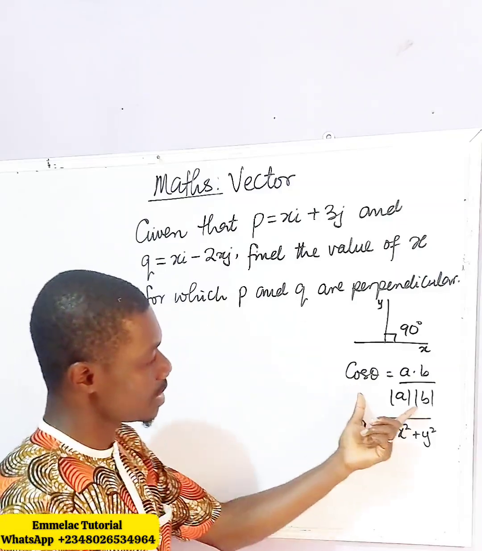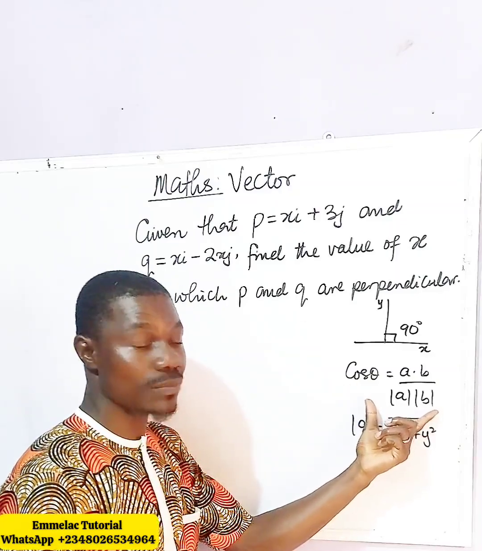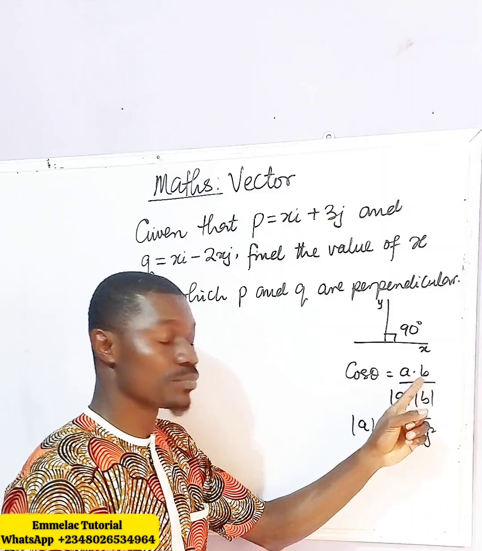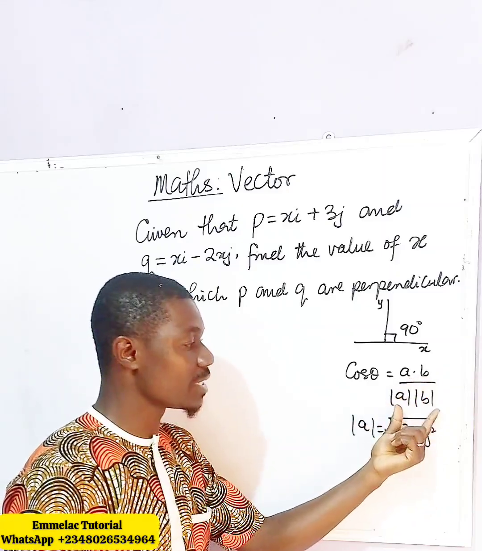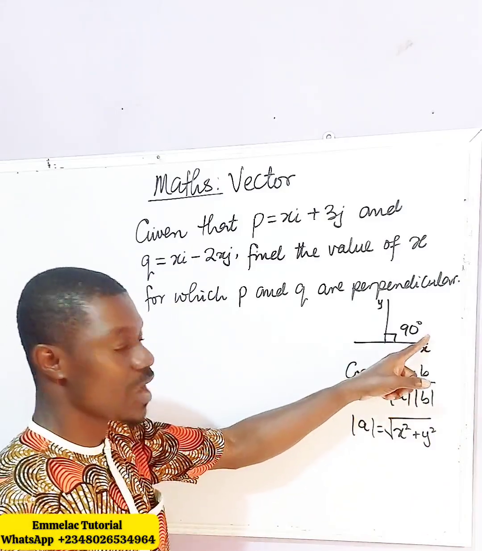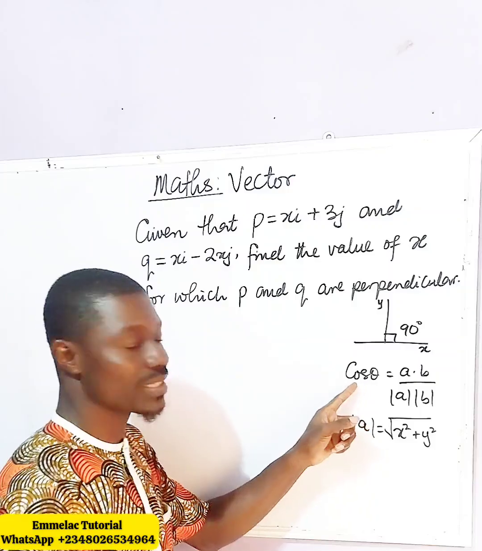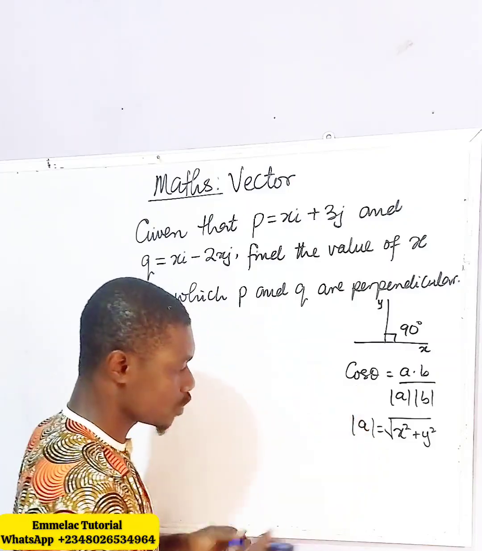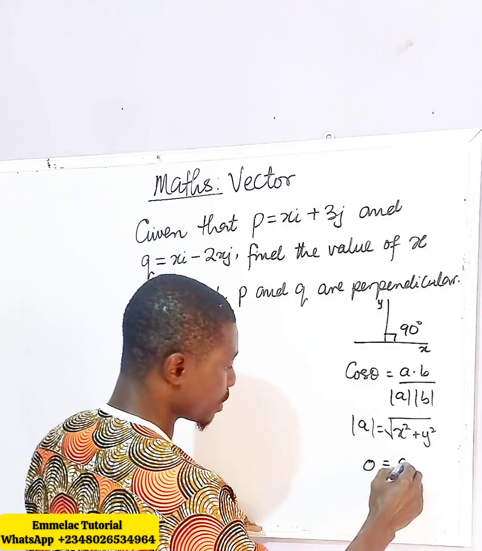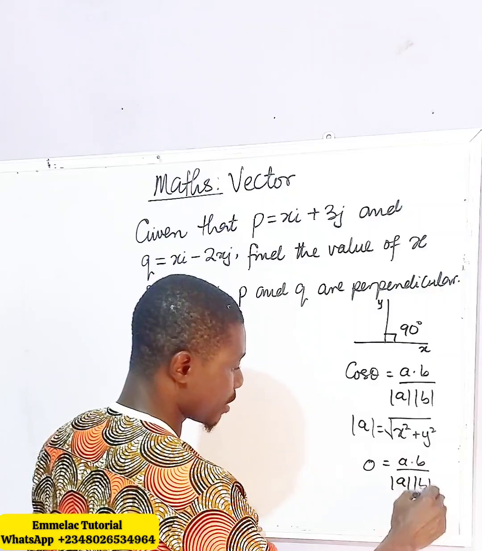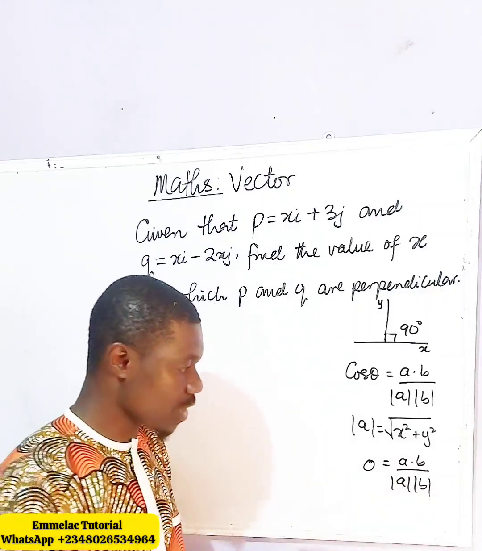So now that this is the formula in terms of the angle relationship with the dot product of the two vectors and the magnitude, since the angle here is 90, it implies that cos theta will definitely be 0. So we are left with 0 equals a dot b all over modulus a times modulus b.